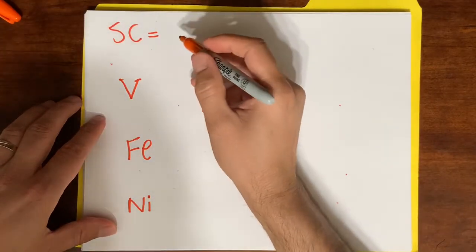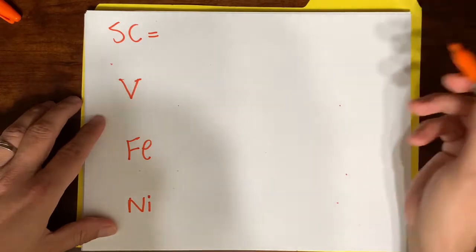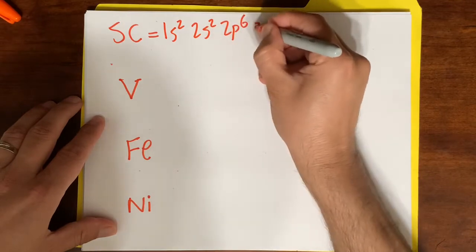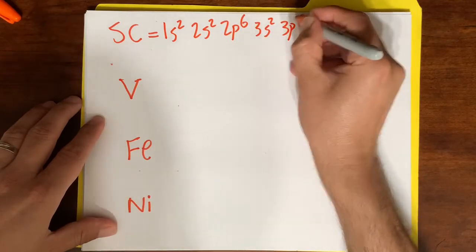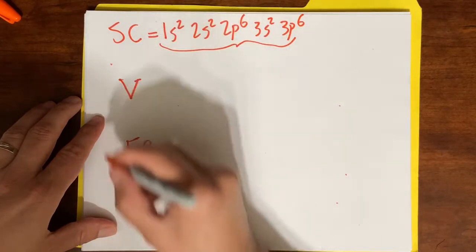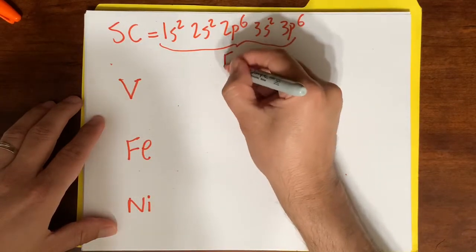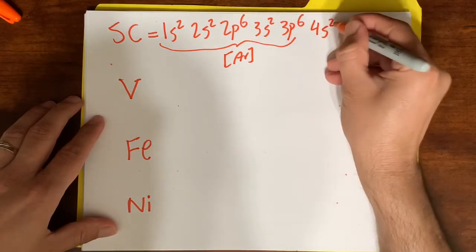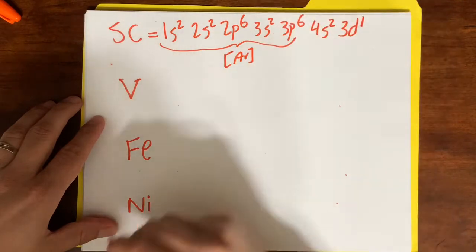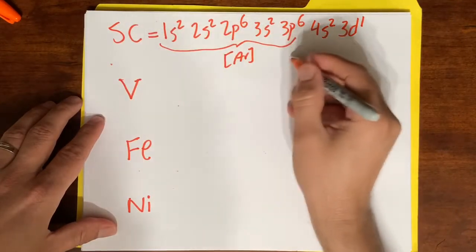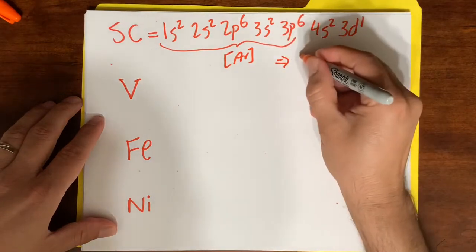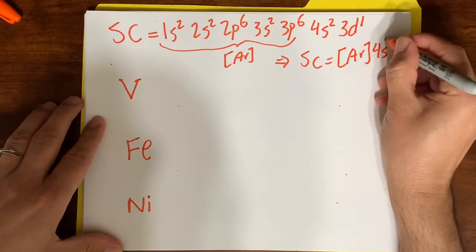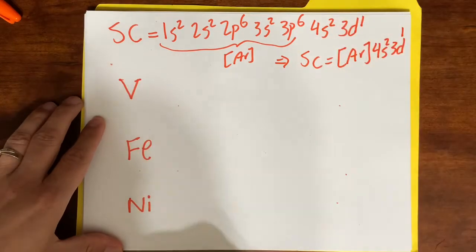Electron configuration will be 1s2, 2s2, 2p6, 3s2, 3p6. This is equal to 18 electrons, and you can show it by argon. And then here, 4s2, 3d1. So I can say scandium is equal to argon, 4s2, 3d1.